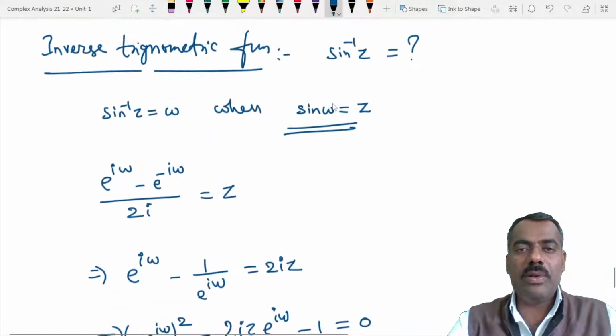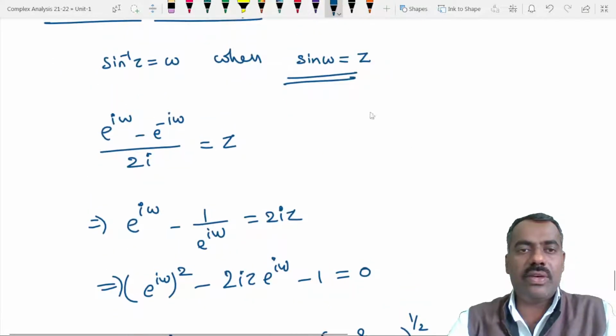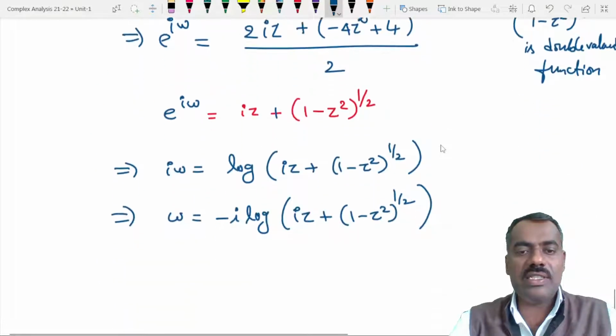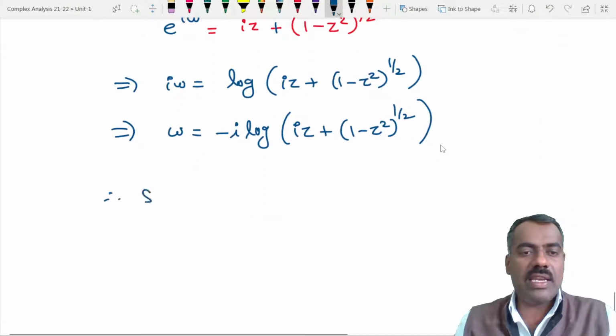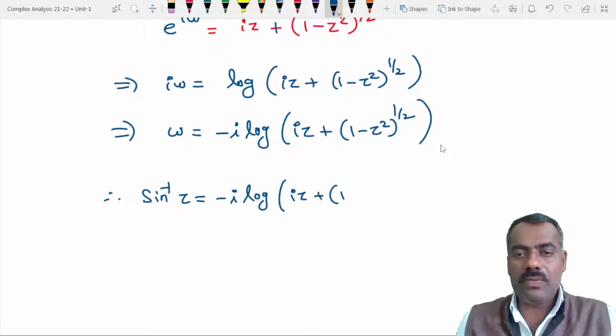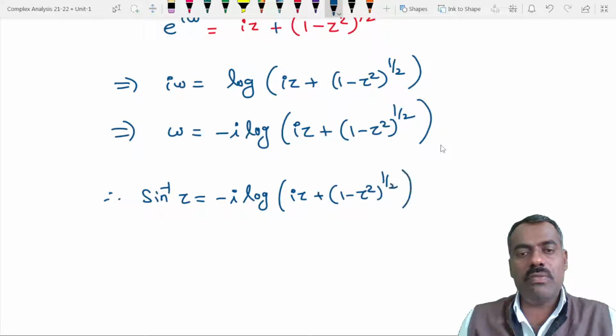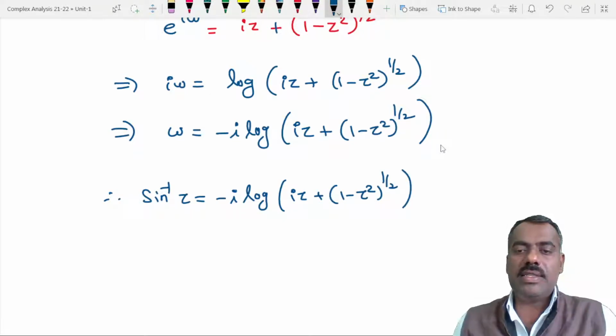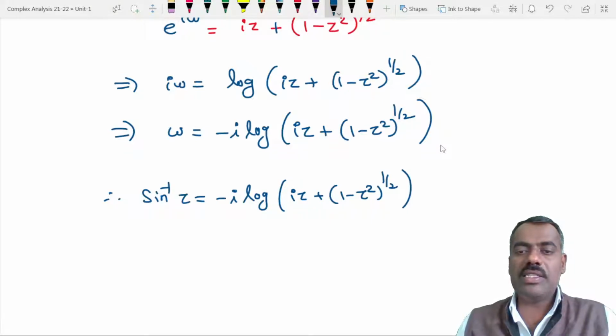So our w is sine inverse z, since we are solving for w. Therefore sine inverse z is minus i log of iz plus (1 minus z squared) to the power 1 by 2. Remember, (1 minus z squared) to the power 1 by 2 takes two values, and here you have log, which is again a multi-valued function.